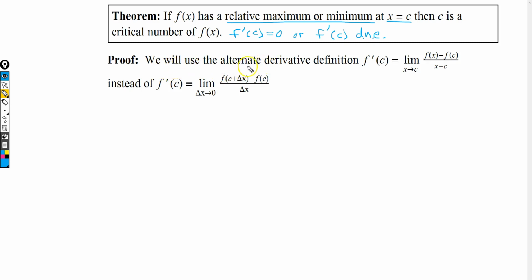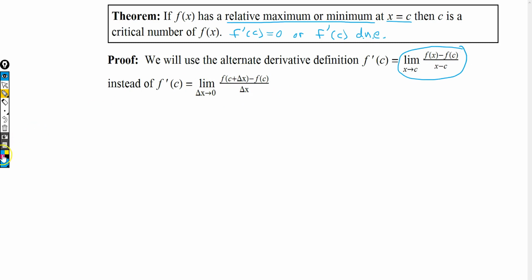So we're going to use the alternative definition for the derivative. That is that f prime of c equals the limit as x approaches c of f of x minus f of c divided by x minus c. Remember, the definition we normally use is our limit as delta x approaches 0 definition, but this is the same as this definition down here.